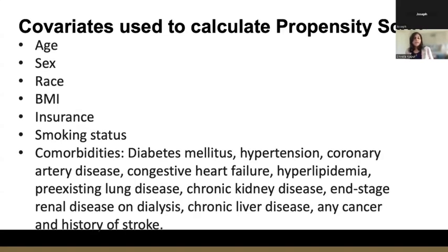The covariates that we used to calculate the propensity score included age, sex, race, BMI, the insurance, smoking status, and comorbidities. We used all the relevant pre-existing comorbidities that, at that time, the literature had shown to affect both the use of statins as well as our outcome, which was mortality due to COVID-19.